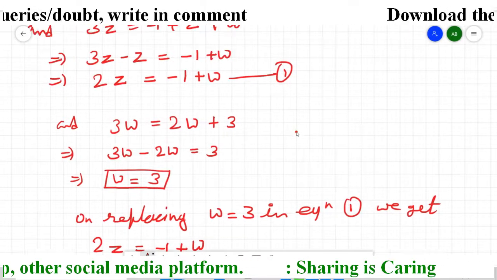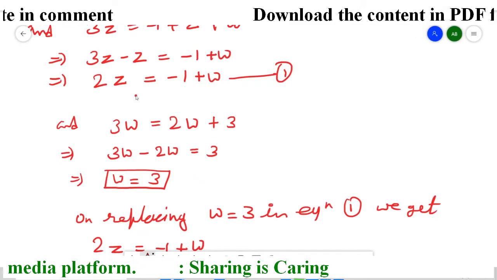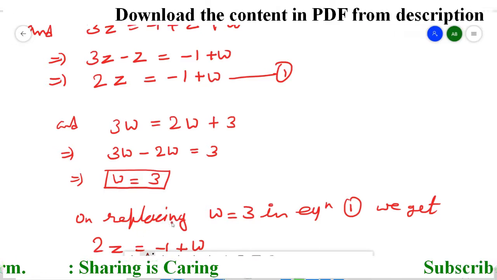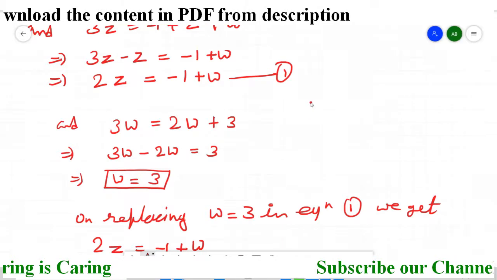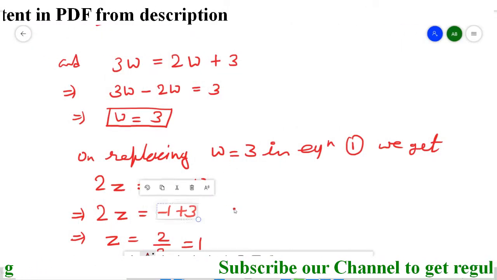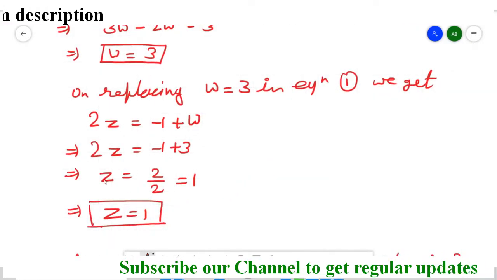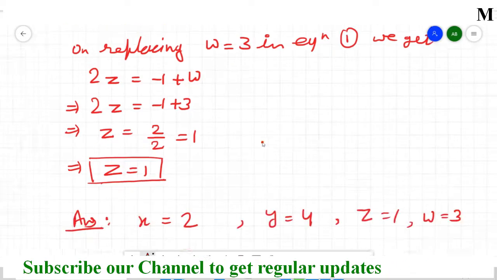Now this w, we will shift here so that we can get the value of z. So I wrote here: on replacing w equal to 3 in equation 1, instead of w I replaced 3, and that gave us z as 1. So we got z as 1.